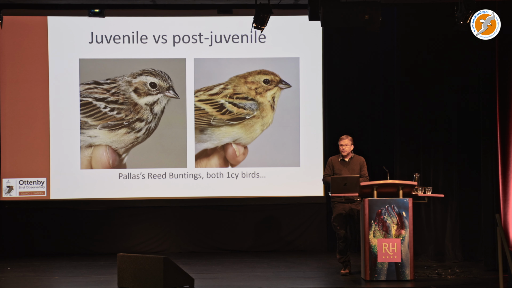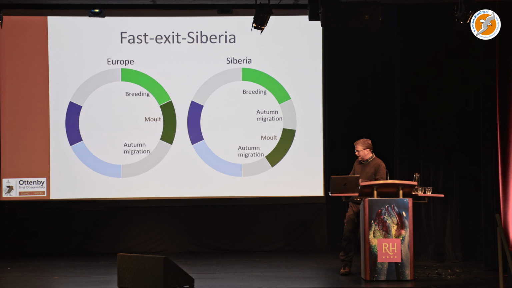So then we have the European birds to the left. It's the same figure as you saw earlier. On the breeding sites, after the breeding, the birds conduct their molt. Standard European molting pattern for passerines. But there are then a number of birds in Siberia, the species that we will talk about today, that actually look like this.